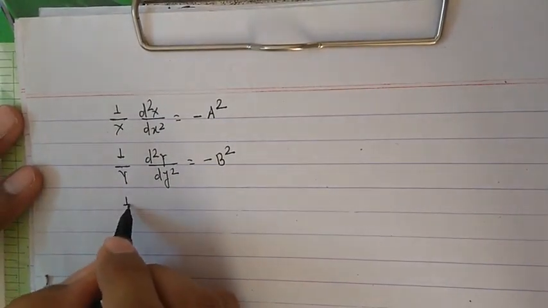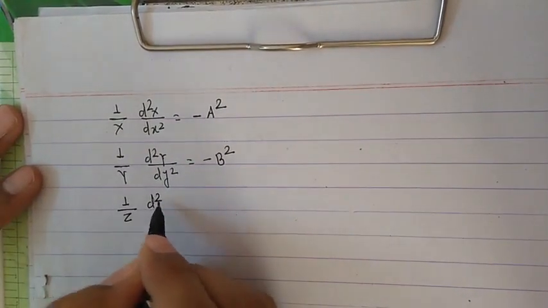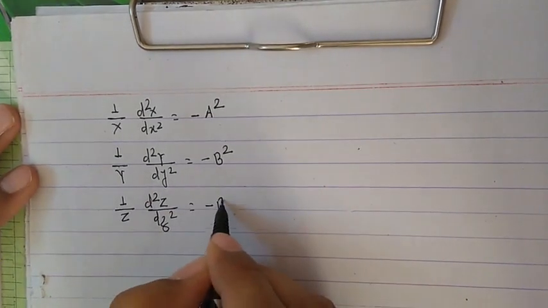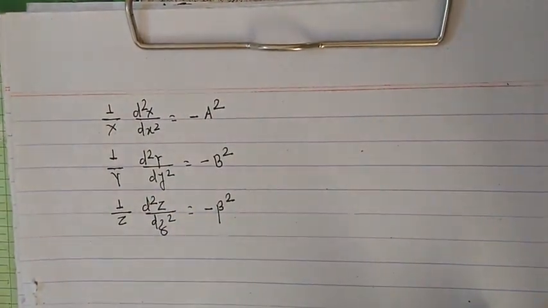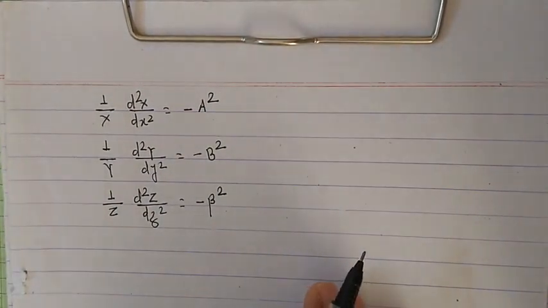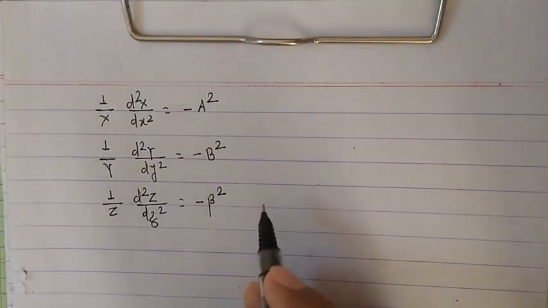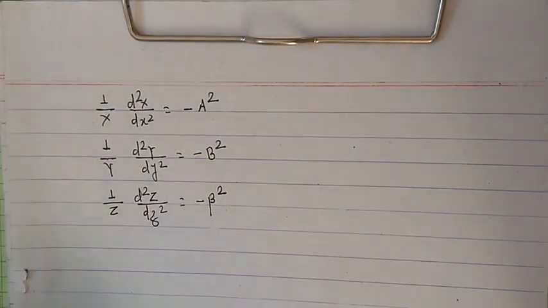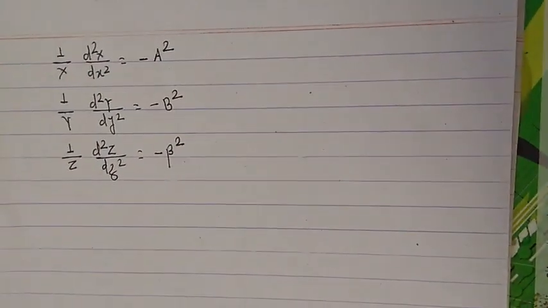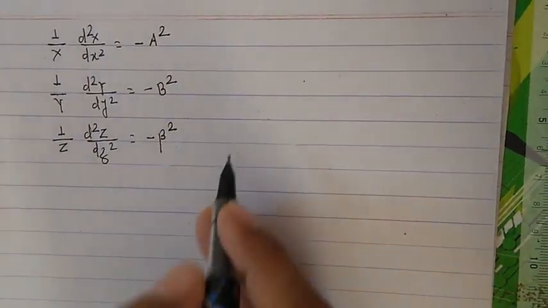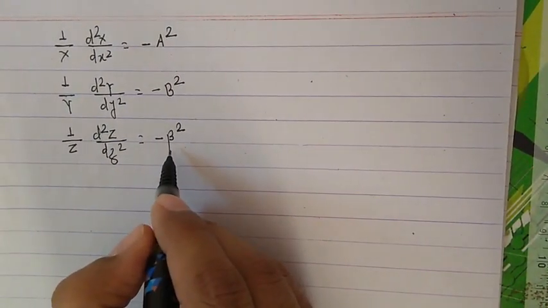And 1 by Z d²Z/dz² is some constant, minus beta squared. The minus sign is chosen appropriately so that we get a standing wave solution in the direction x and y, and a traveling wave solution in the direction z, where beta is the phase constant of the mode of propagation.